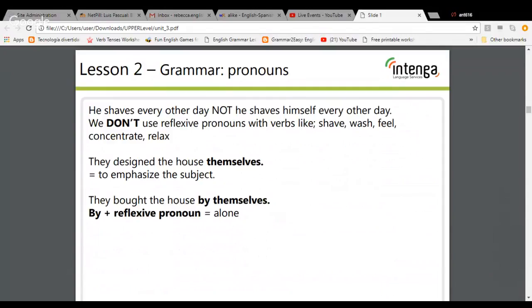Right. Well, so good. If I say I concentrate myself for the meditation, sounds strange. I have to concentrate myself to meditate. Right. I would say I have to concentrate on meditating.